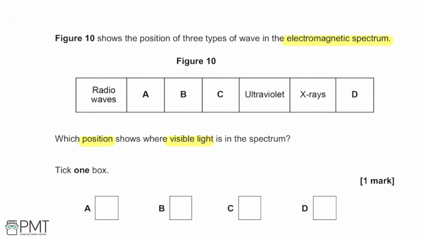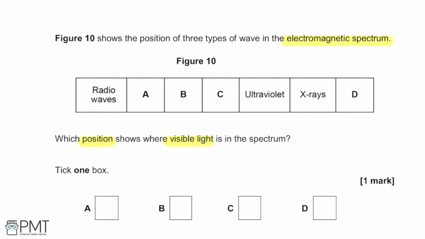So basically here we're looking to work out the order of the electromagnetic spectrum and then fit in where visible light's going to be. So there's a couple of ways that I like to remember the order of the electromagnetic spectrum. One of them being the electromagnetic spectrum song, which is definitely one of the main things I remember from GCSE Physics. It's very catchy and I would definitely suggest learning it.